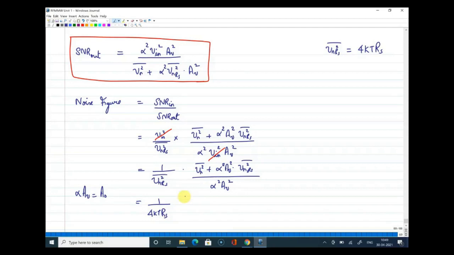So I'll write Vn square bar by alpha square Av square, just separating the numerator, plus the other term, which is 4 kT Rs.